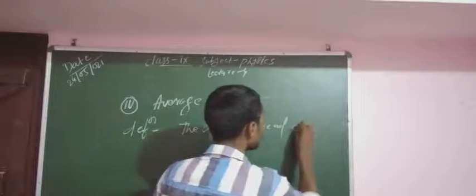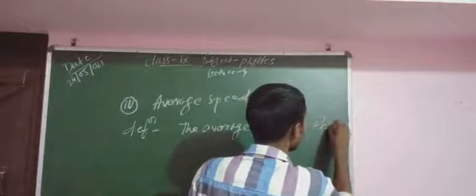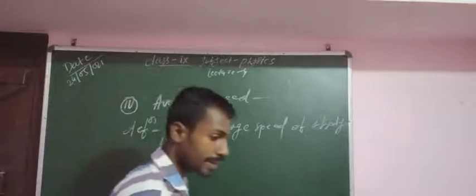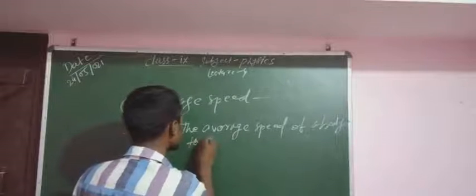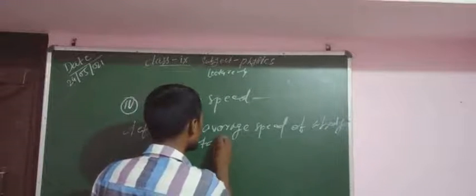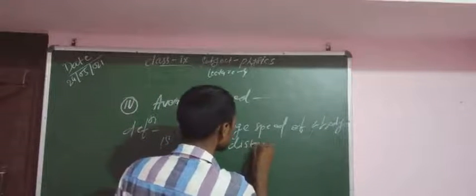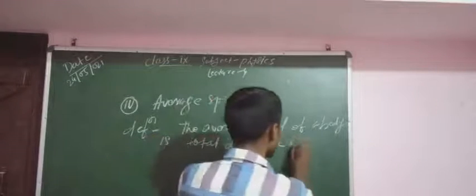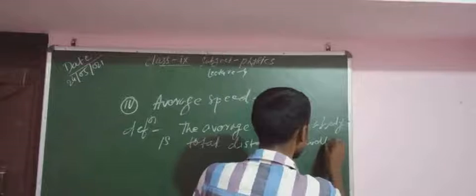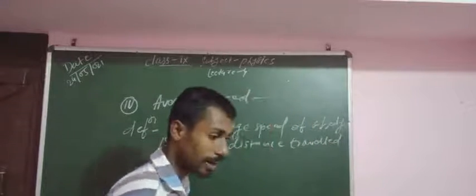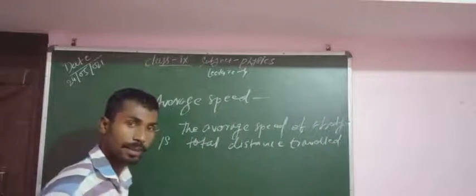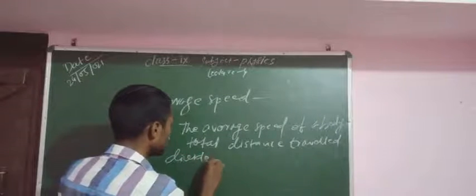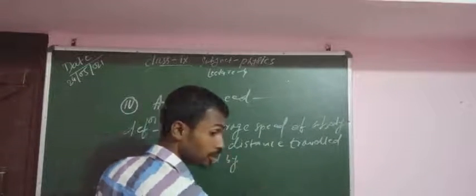The average speed of a body is the total distance traveled divided by the total time taken.